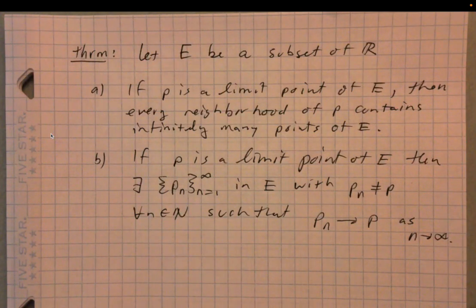So if I have a limit point of a set E, then I can construct a sequence in E that has my limit point as its limit. It's part of where the term limit point comes from. That one is a little harder to visualize.